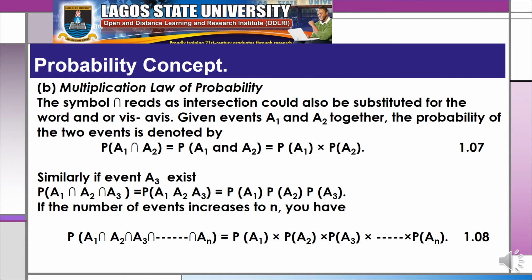Also, you can generalize this intersection as in expression 1.08. P of A1 intersection A2 intersection A3 up to intersection AN can be written as P of A1 times P of A2 times P of A3 up to times P of AN.